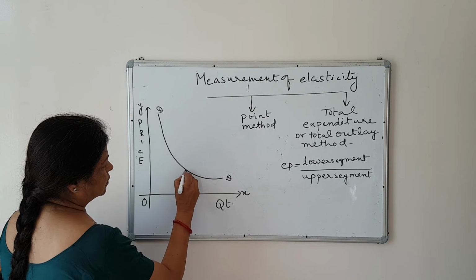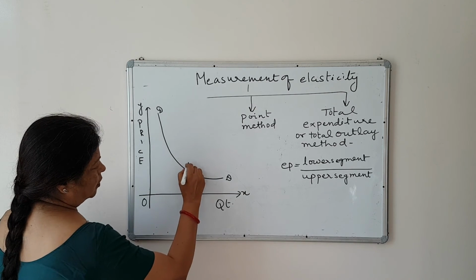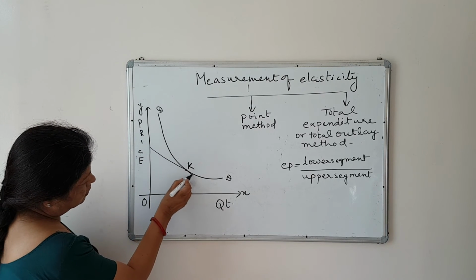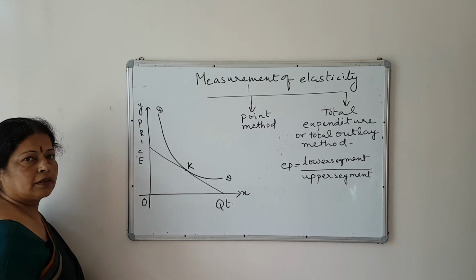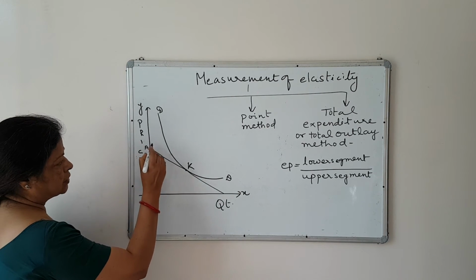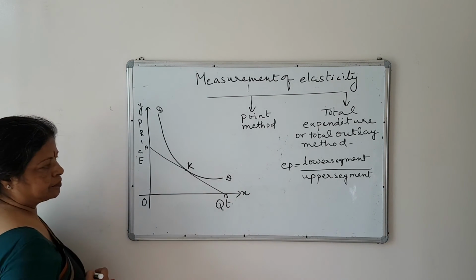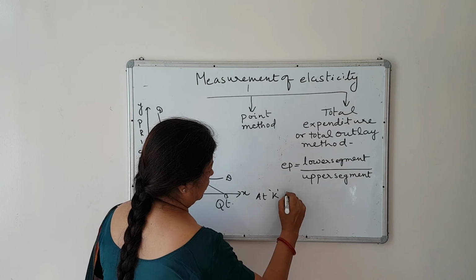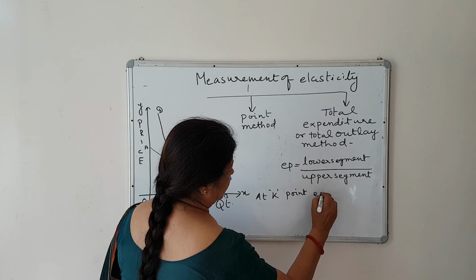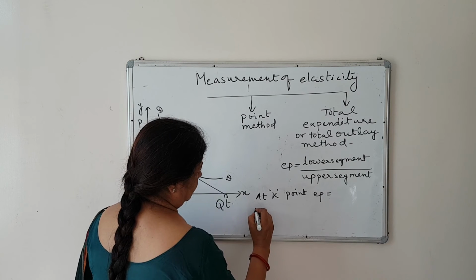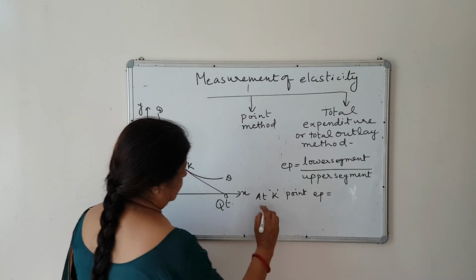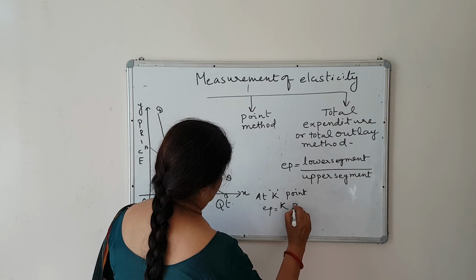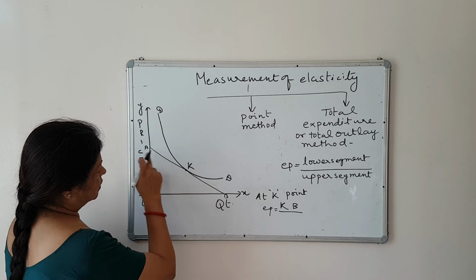Now take any point, suppose here, and name the point K. Draw a tangent touching this point, the way I have drawn. Name the tangent, suppose AB. Now at point K, EP is equal to the lower segment KB over the upper segment KA.